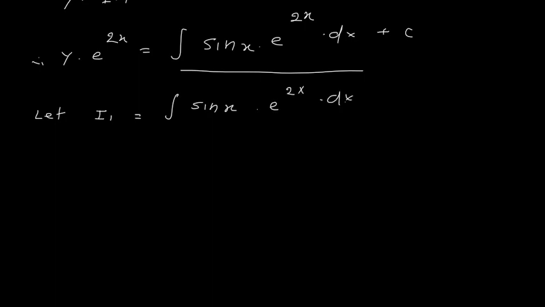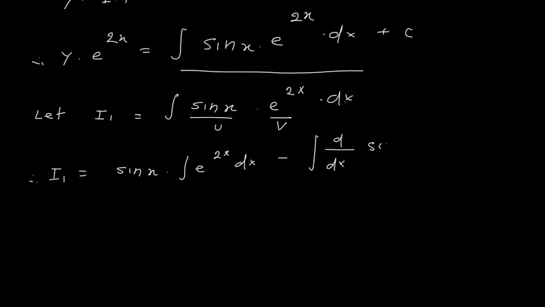So this I1 will equal, using u into v, sin x into the integration of e power 2x dx, minus the integration of d by dx of sin x into the integration of e power 2x dx, the whole dx.